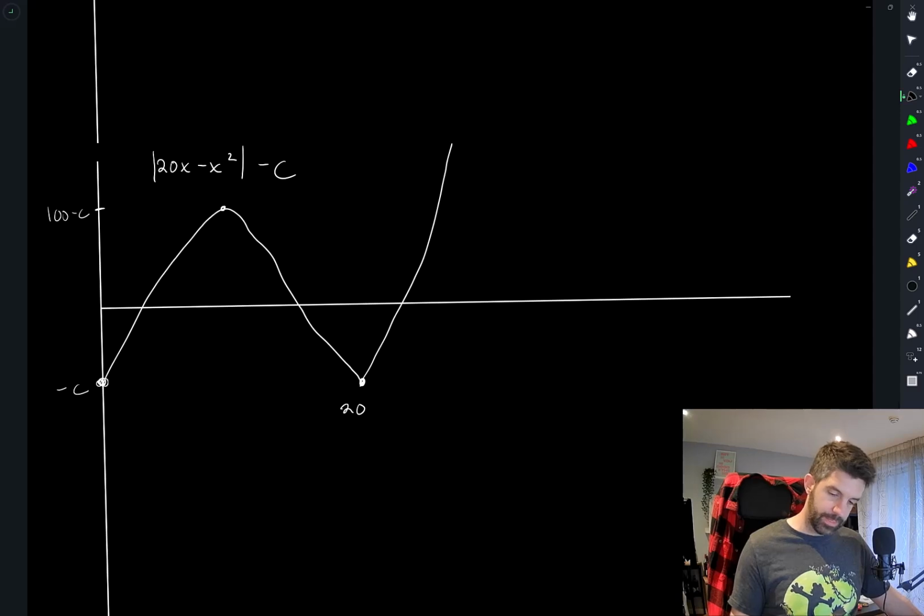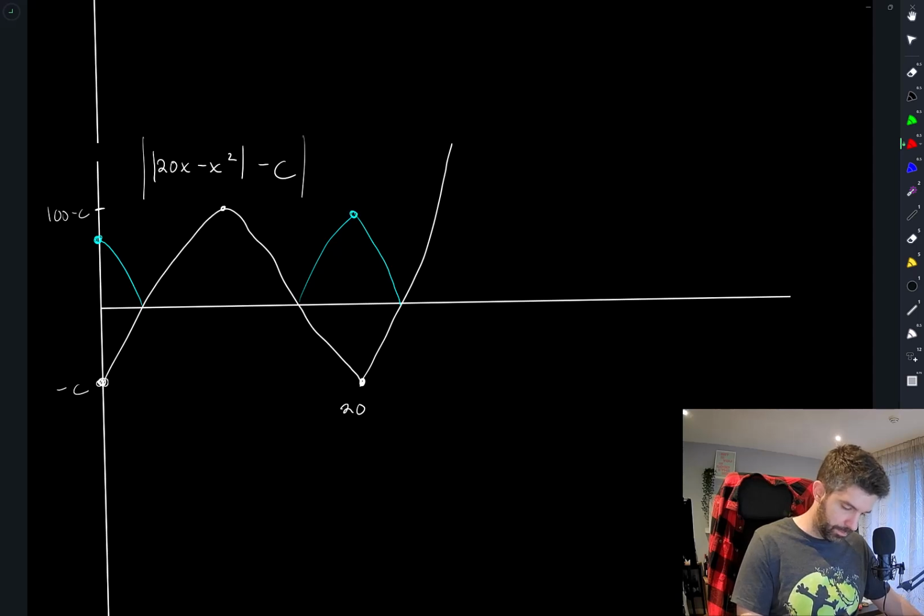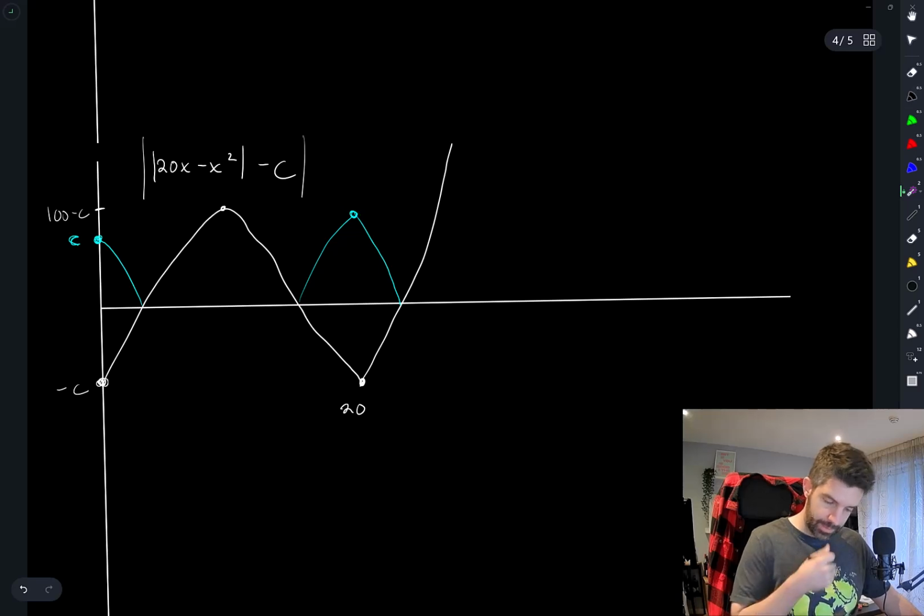And now, if I take yet another absolute value, we get this, and this point is a reflection of the one below, so that happens at c. And so does this. This one is also equal to c.